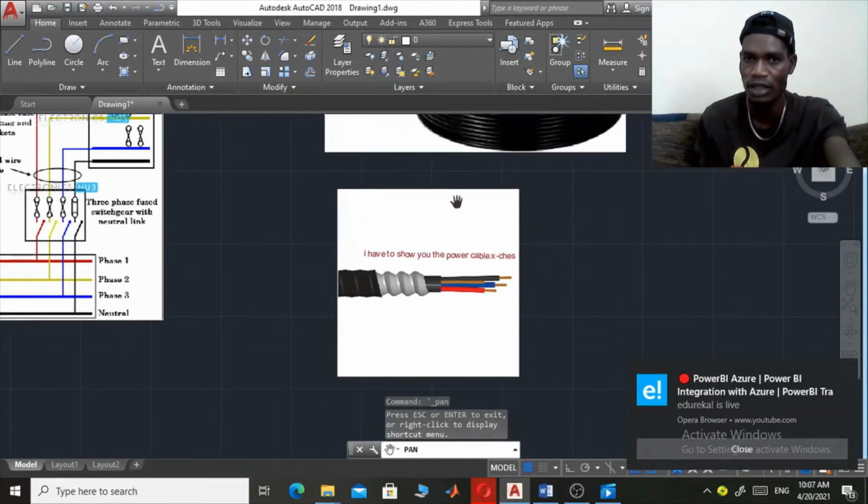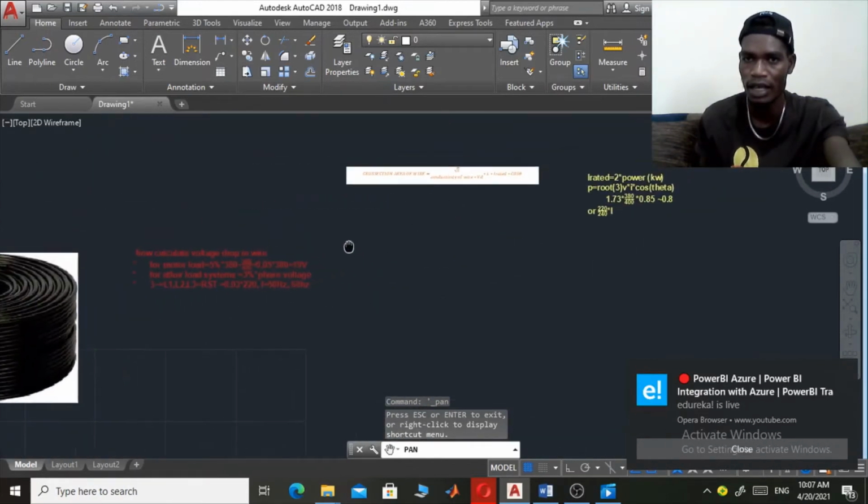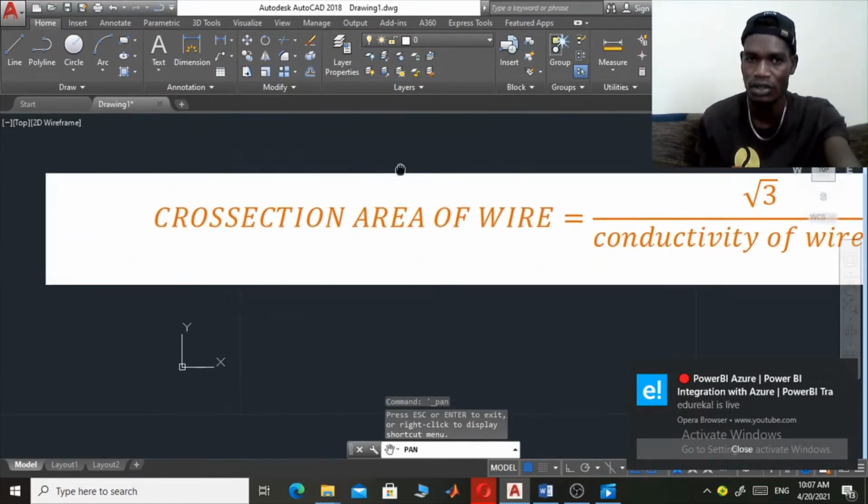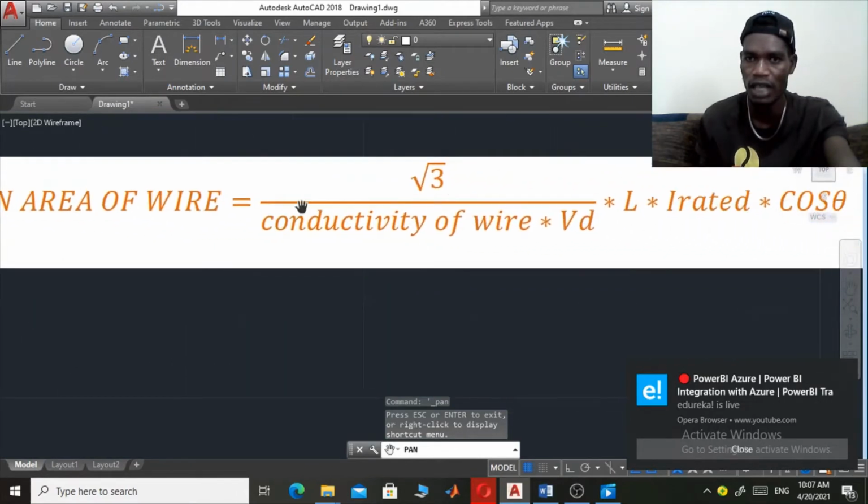We are using a physical, visible mathematical equation: the cross-sectional area of the wire is equivalent to this radical 3 times the current over the conductivity of the wire. We are using conductivity for copper, for aluminum, for silver, for every element.